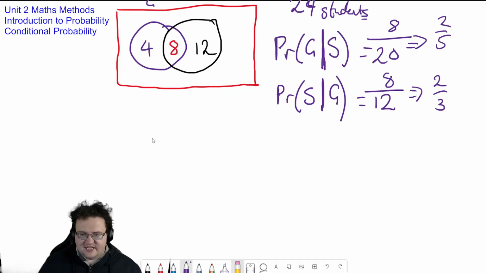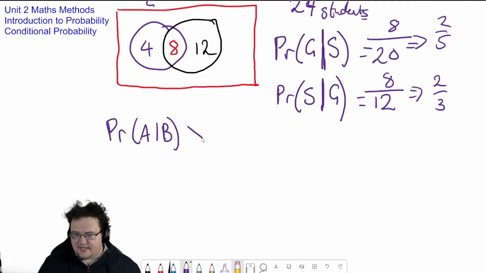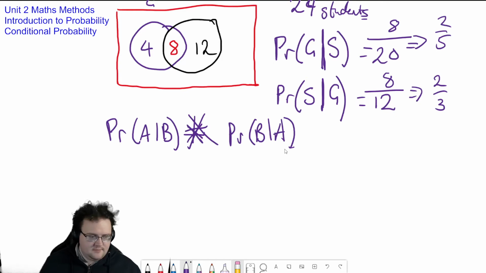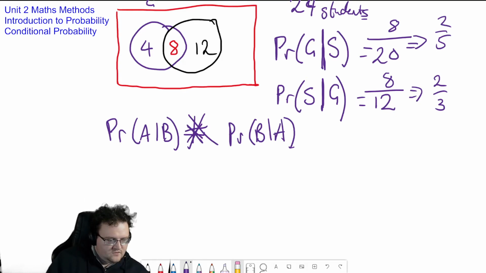What this serves to illustrate is that the probability of A given B is not the same as the probability of event B happening given A. So when you're doing these sort of calculations, you need to make sure that you've got them the right way around.